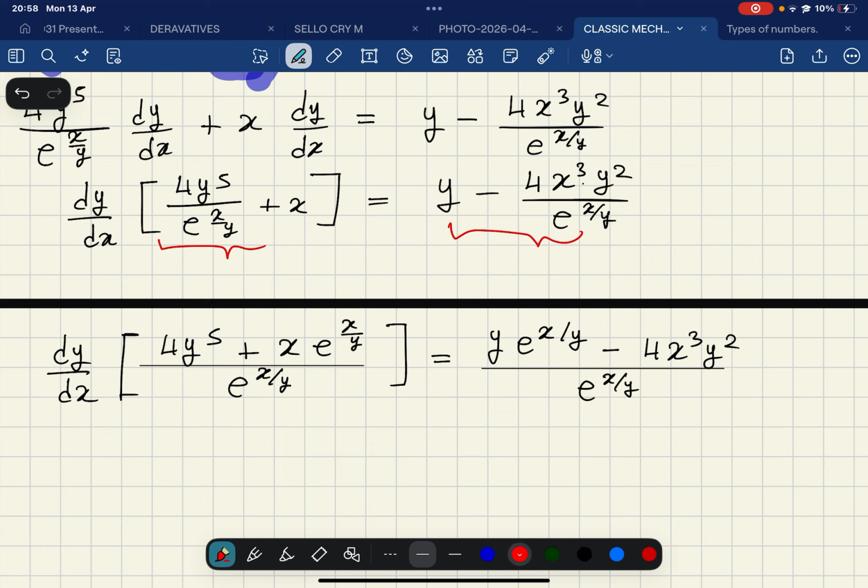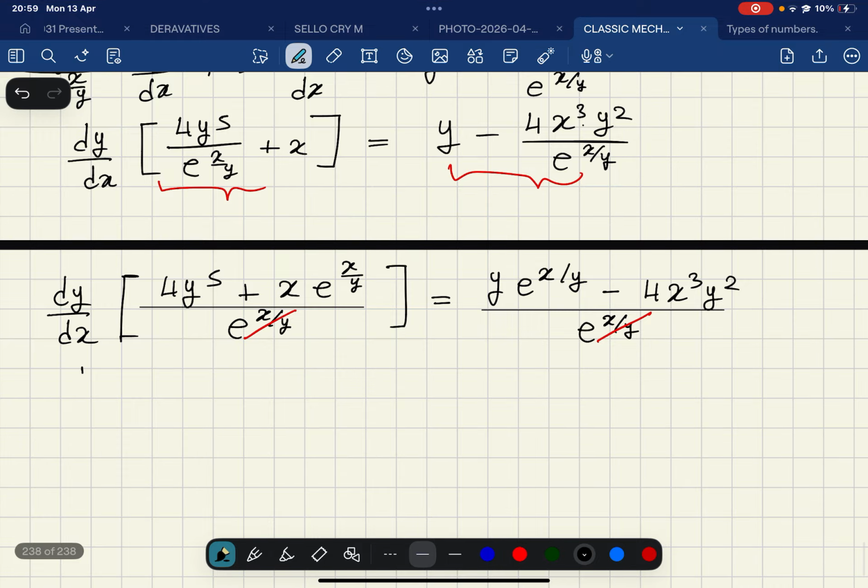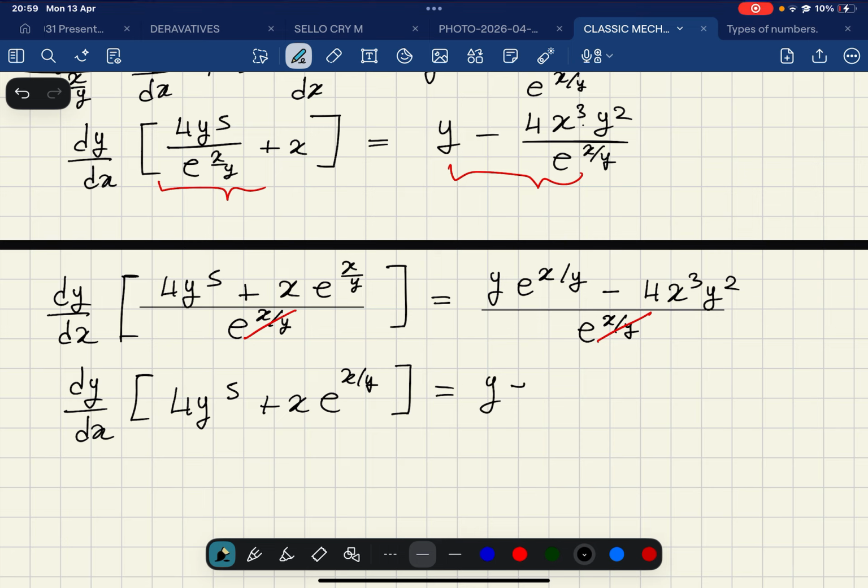If you can clearly see, these things are the same on the left hand side and on the right hand side, which means they cancel each other. I will remain with dy over dx into 4y to the 5 plus x e to the x over y, which is equal to y e to the x over y minus 4x cube y squared.